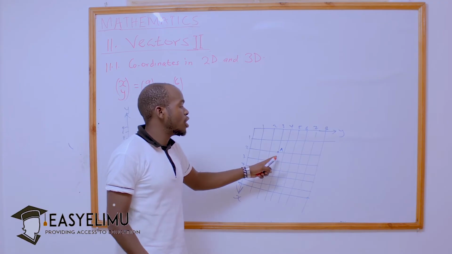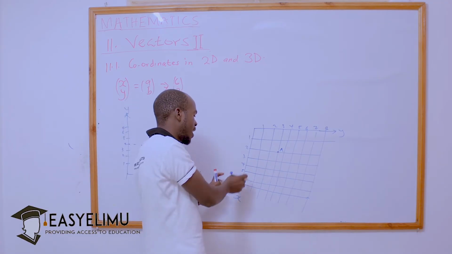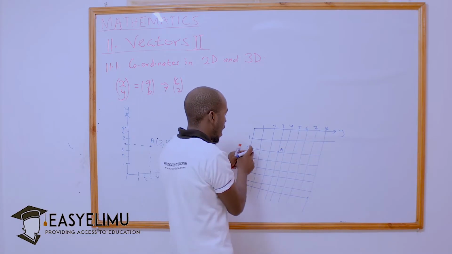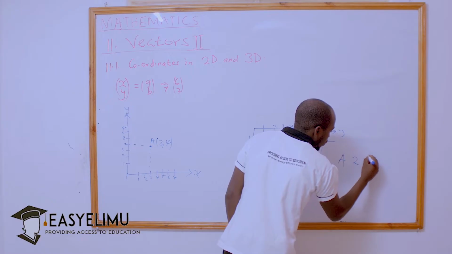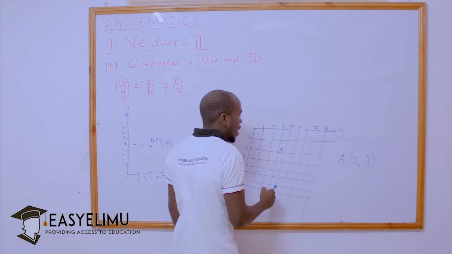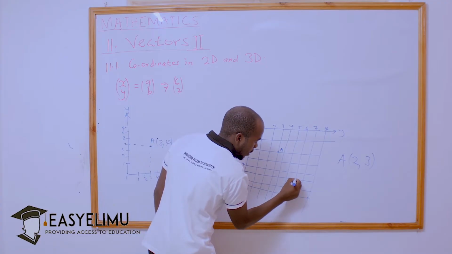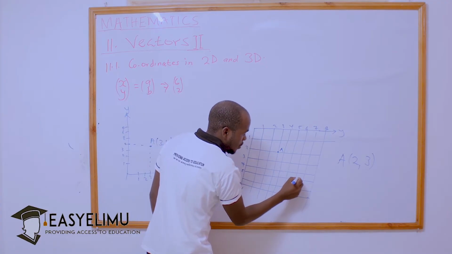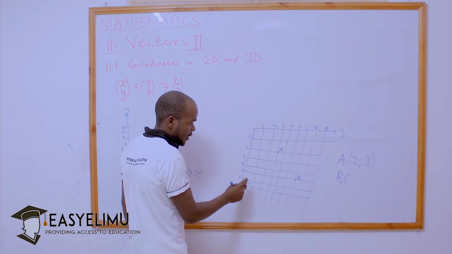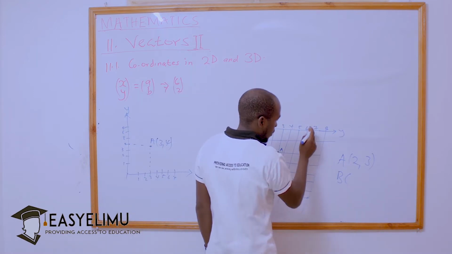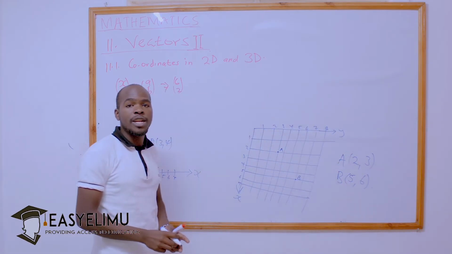You can give the coordinates of point A in 2 dimensions, if this is the x-axis and that one the y-axis, as 2, 3. The same can be given to another point, let's call it B, given by coordinates 5, 6. That is how we give coordinates in 2 dimensions.